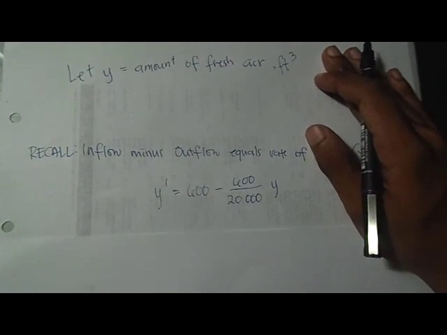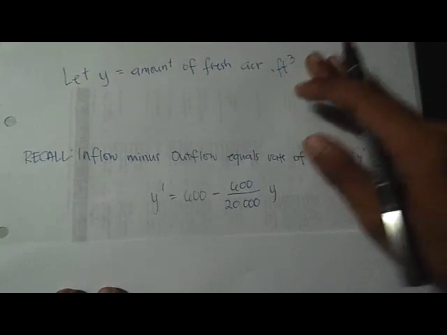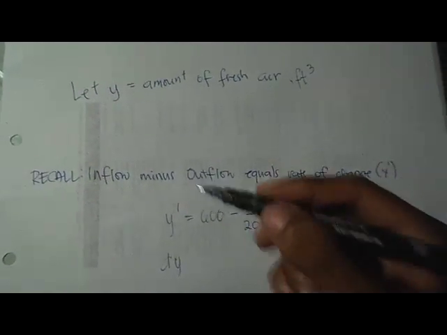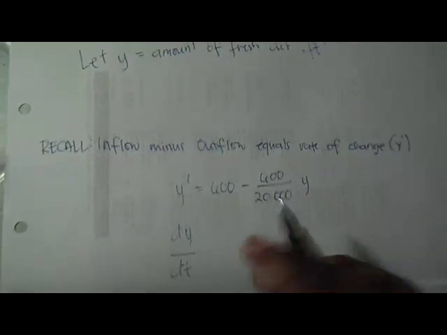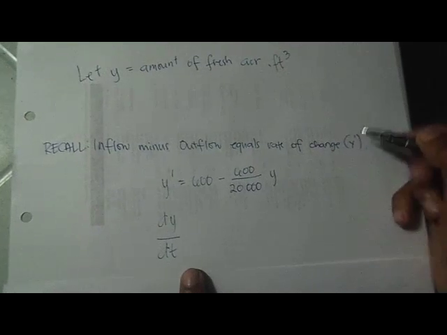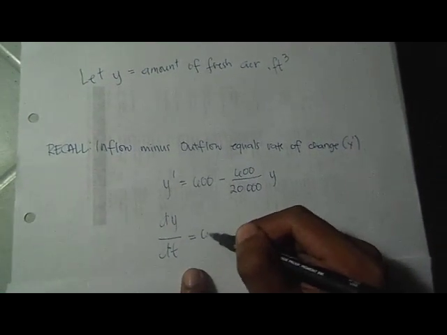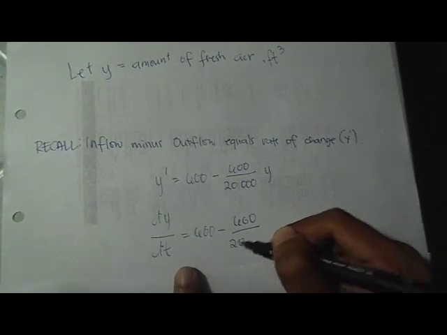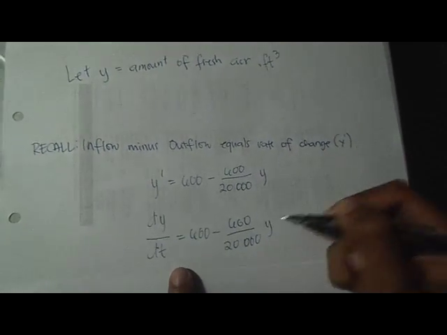So now, we can rewrite our equation as dy over dt, which is also another way of writing y prime, which is equal to 600 minus 600 over 20,000 y.